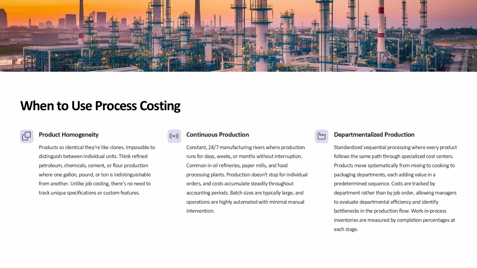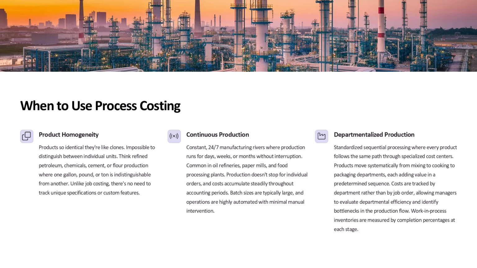Third, departmentalized production. Standardized sequential processing where every product follows the same path through specialized cost centers. Think of paper mills with pulping, pressing, drying, and cutting departments, each adding value in the same way to every sheet produced. Let me be crystal clear.